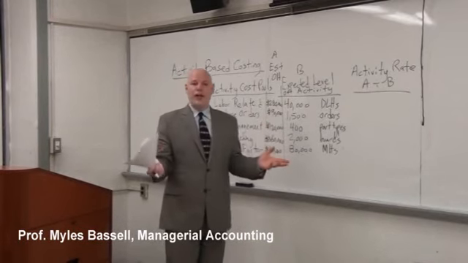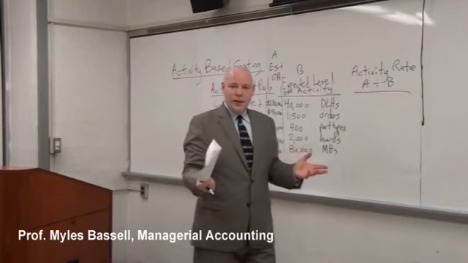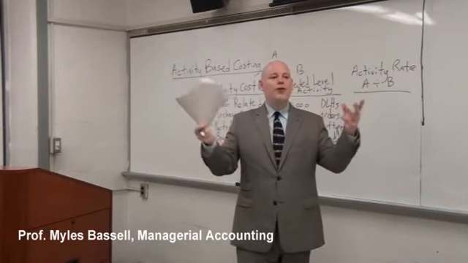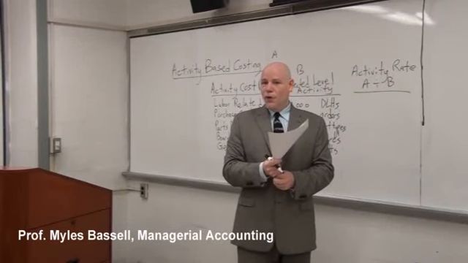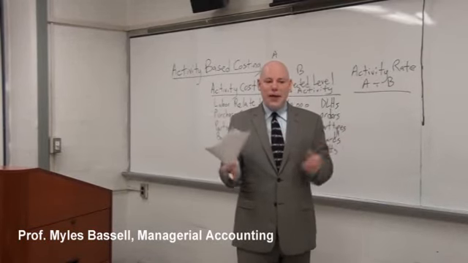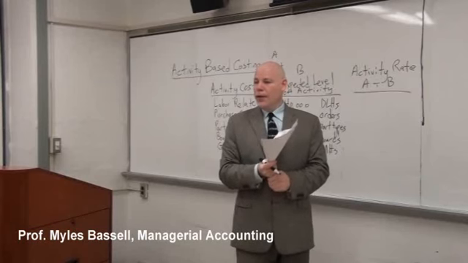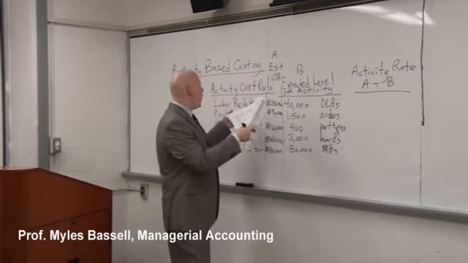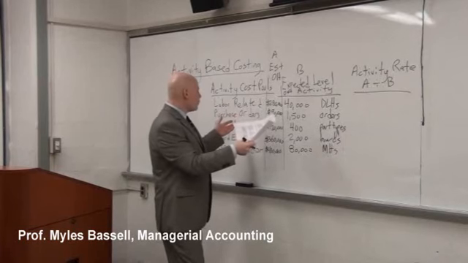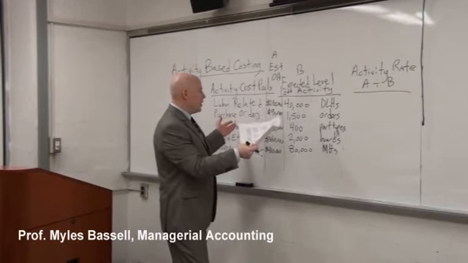Maybe before you only operated 5 days a week. Now we decide, well, maybe we should open the factory 7 days a week. Well, we need facts to make that decision. So how are we going to make a decision like that if we don't know, for example, what the overhead is going to be?